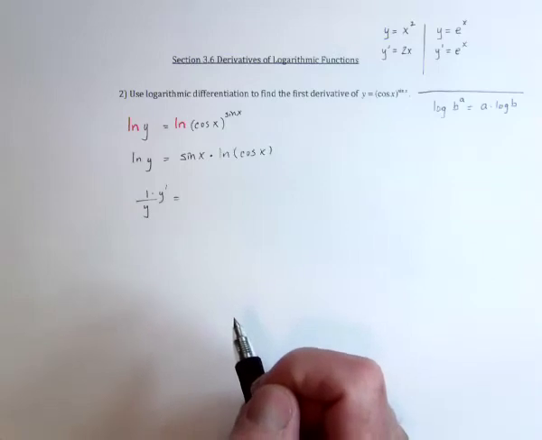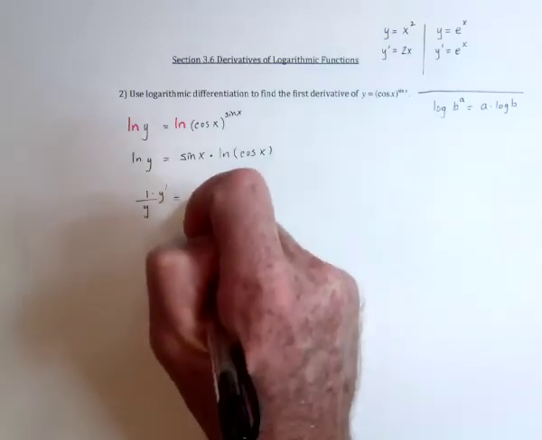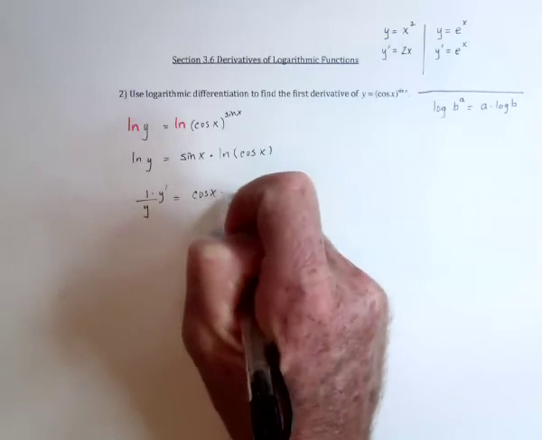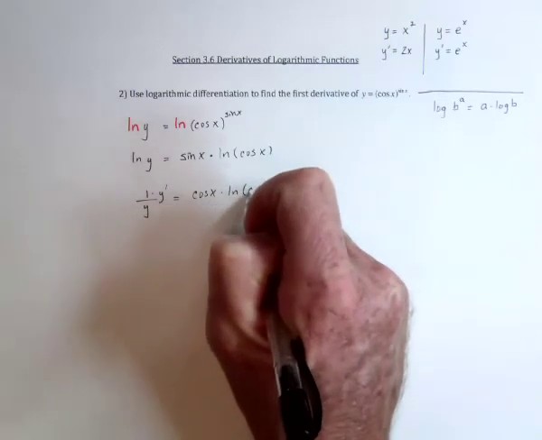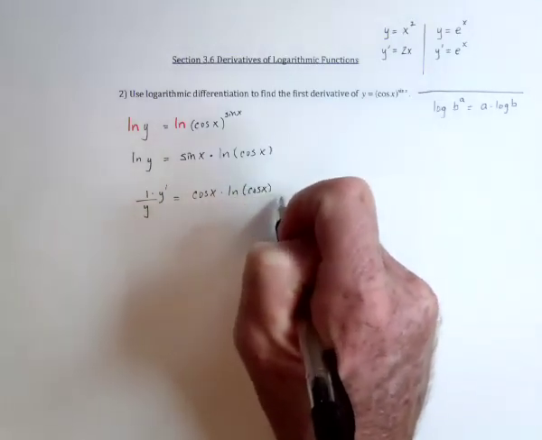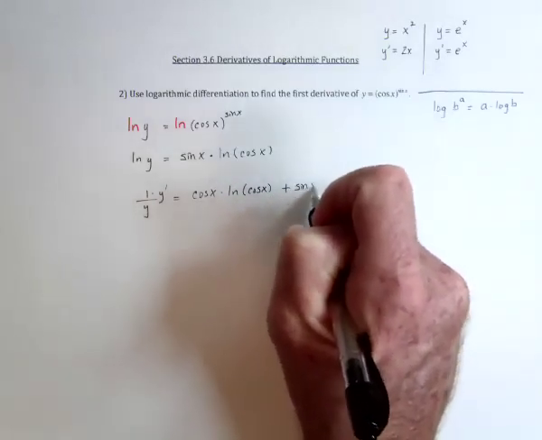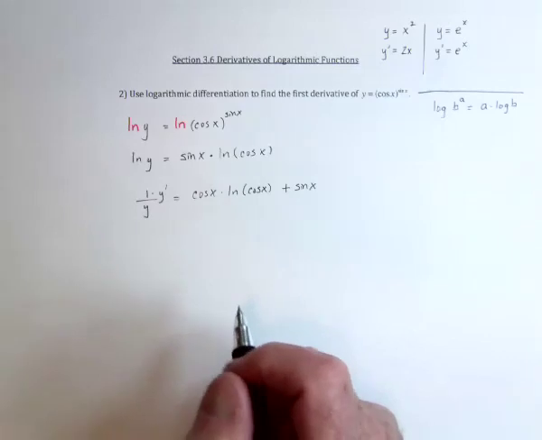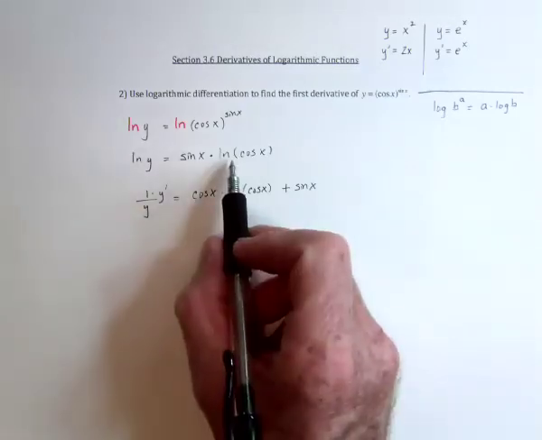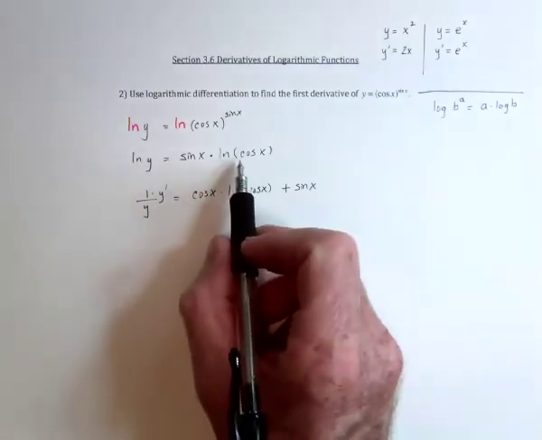On the other side, we need to use the product rule. So the derivative of sine of x is cosine of x, and then leave the natural log function alone. And then plus, leave the sine x function alone, and now take the derivative of this natural log of cosine.